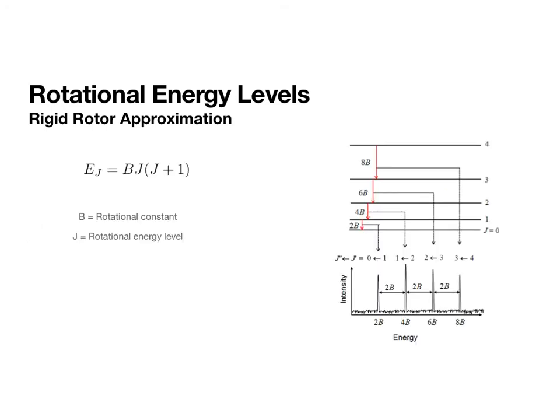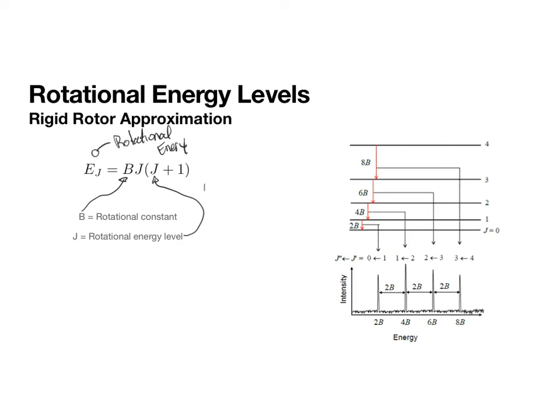And so rotations are quantized energy, and they are given by, so this is the rotational energy, is given by B J(J plus 1), where B is the rotational constant and J is the rotational energy level.